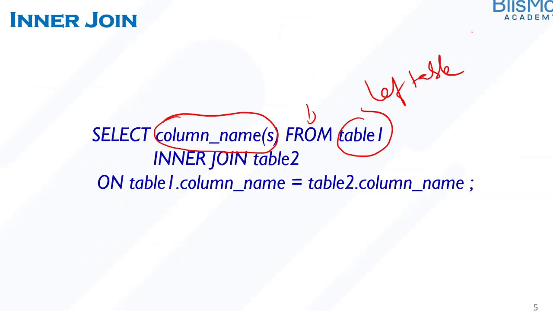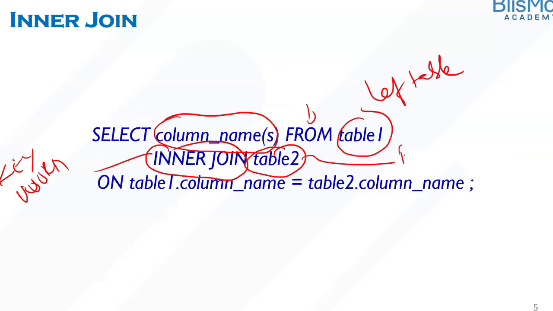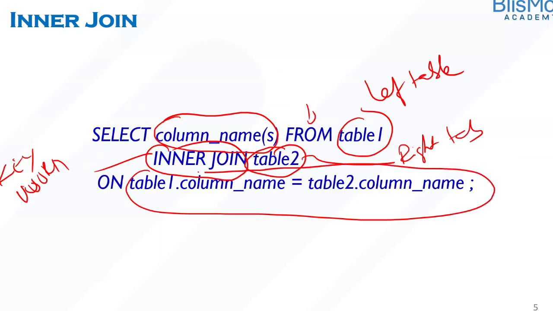This is also very important. Based on where you are mentioning your table, that becomes left or right. You have to be careful with that also. Then mention the keyword. Then mention the second table, this is the right table. Then you mention the expression or field on which you are joining. This is the SQL syntax for the inner join.